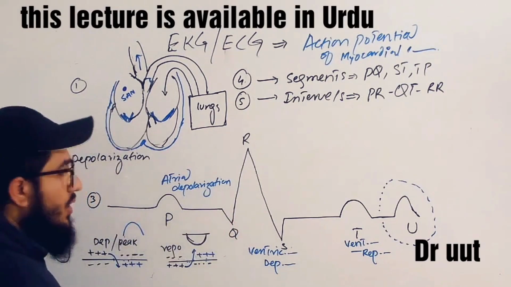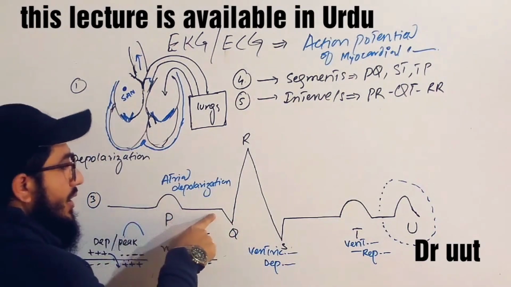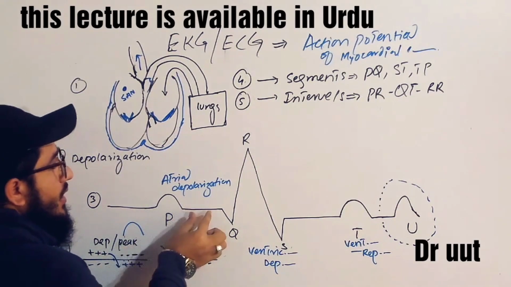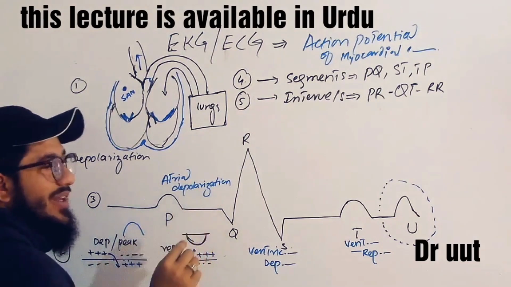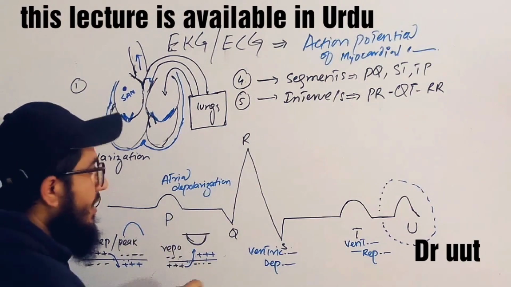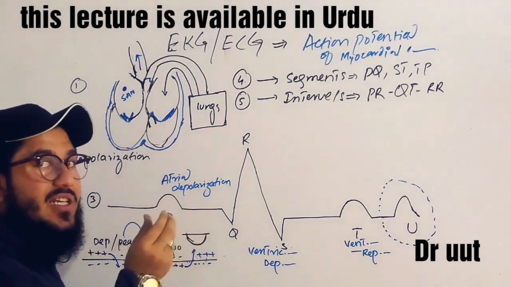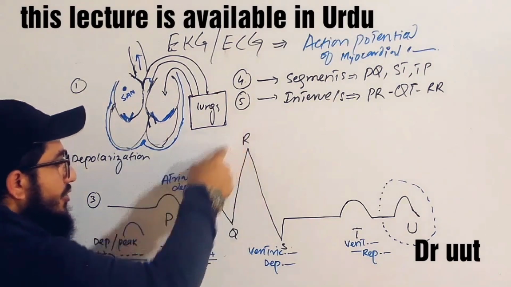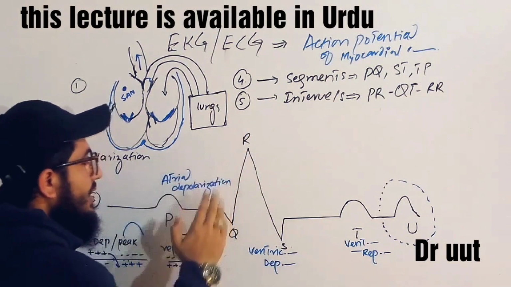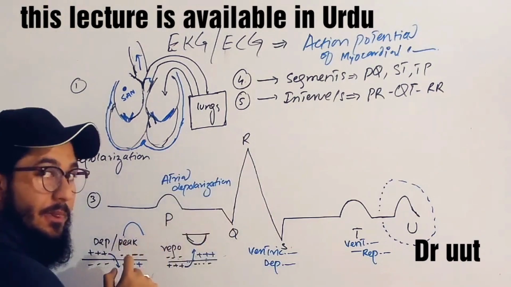What will it do? Well, according to some texts, the atrial repolarization is very feeble, very weak because of the ventricular contraction. When the ventricles contract in a very fast way, the ventricular wave is just hiding the P wave.